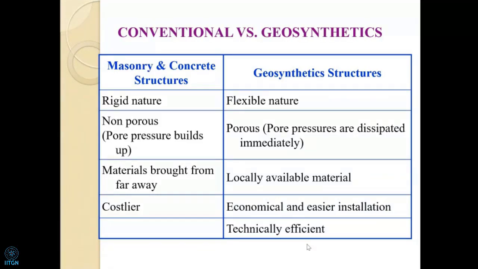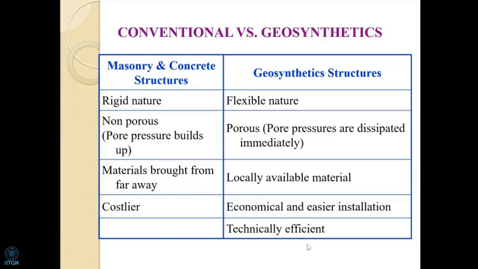In virtue of all this, the fuel cost is hiking up. You have to bring material from a far off place, and the transportation cost is always less in terms of geosynthetic material because they come in rolls. Even if they are fabricated tubes or mattresses or bags in lay flat condition, they are very lightweight. A truck can accommodate a lot of these materials.